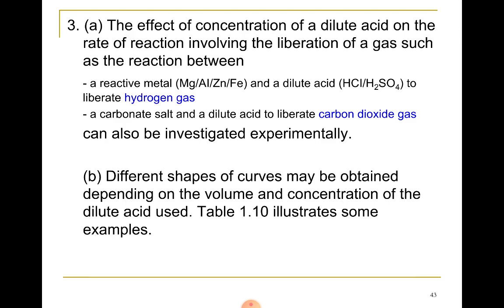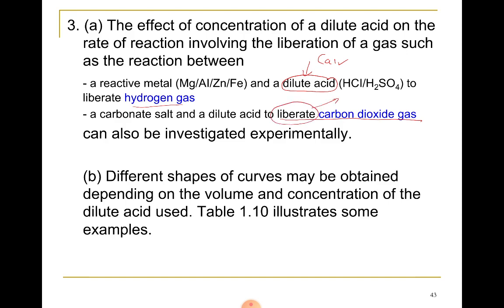The effect of concentration of the dilute acid on the rate of reaction involving the liberation of a gas, such as the reaction between a reactive metal and a dilute acid, dilute sini cair lah, asid yang cair, to liberate hydrogen gas, or a carbonate salt and a dilute acid to liberate carbon dioxide gas.